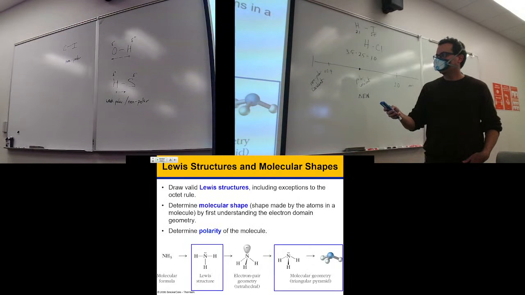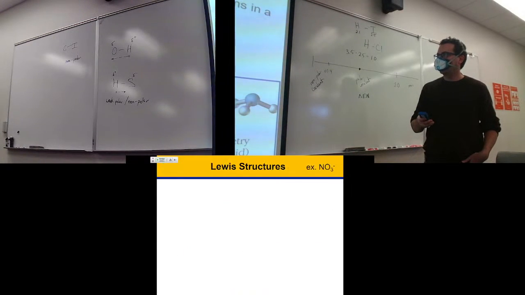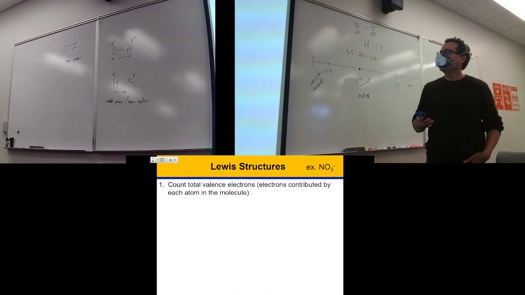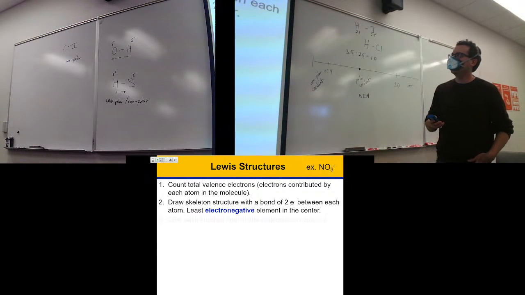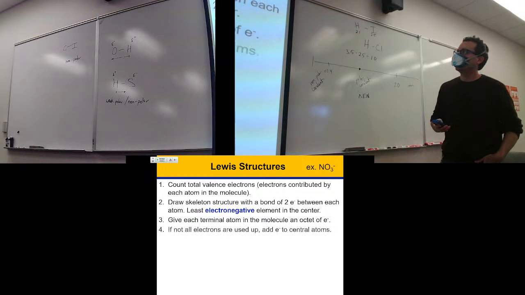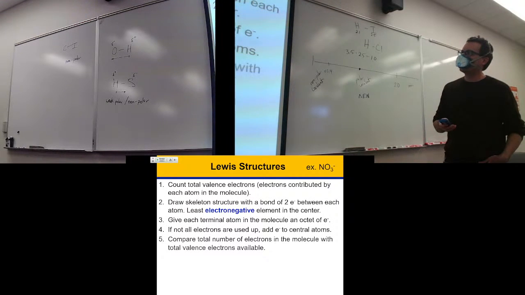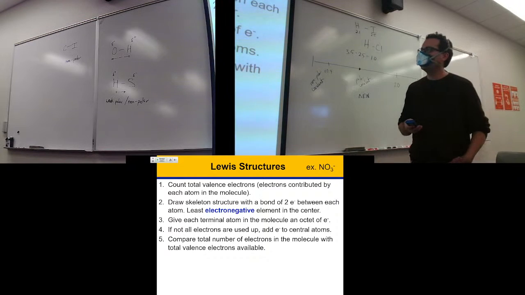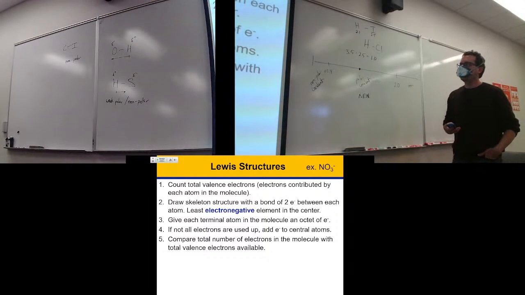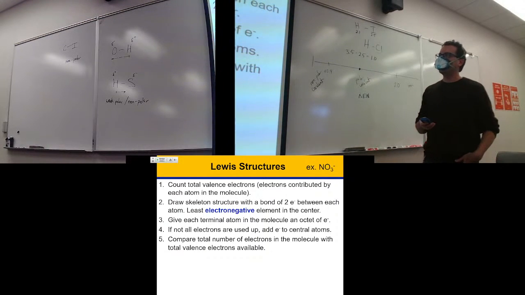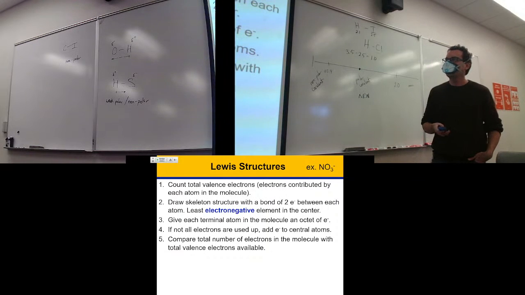All right, so we'll get the polarity of the molecule last. So just to make sure, here are the steps that I think I went over even in lab. These are the same ones I use. You count total valence electrons, you draw a skeletal structure with a bond each, least electronegative element in the center. Do the octet rule for the terminal atoms, same as the outer atoms.